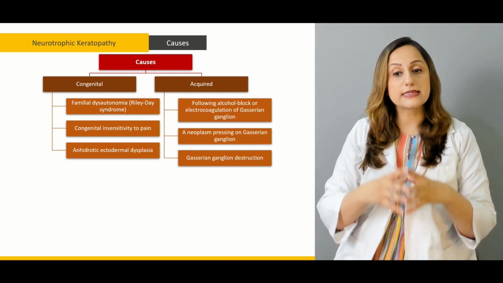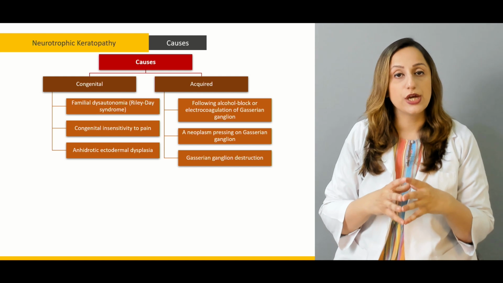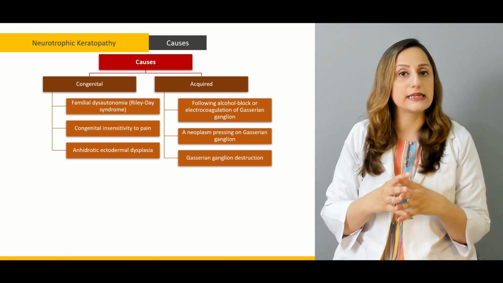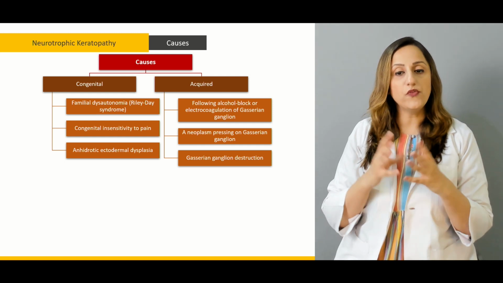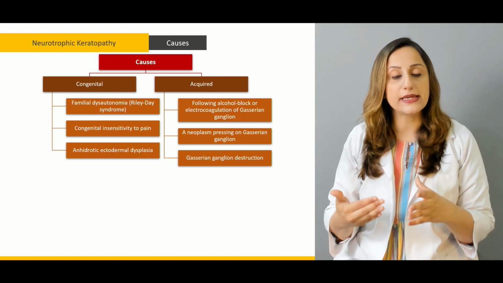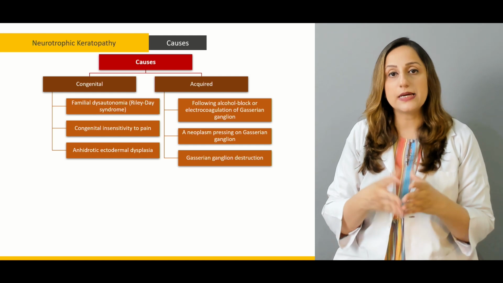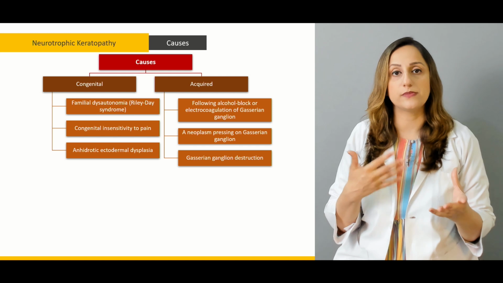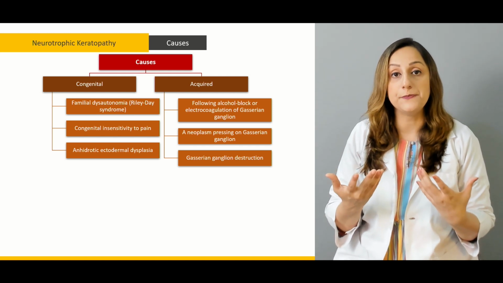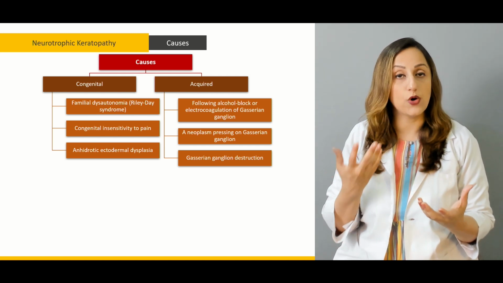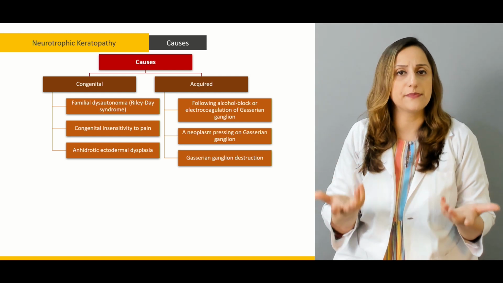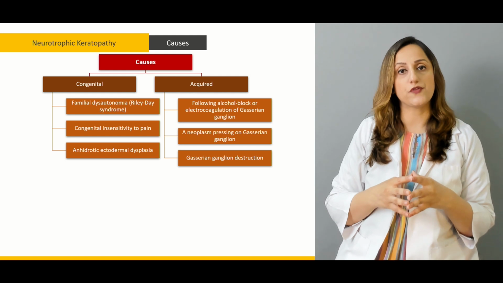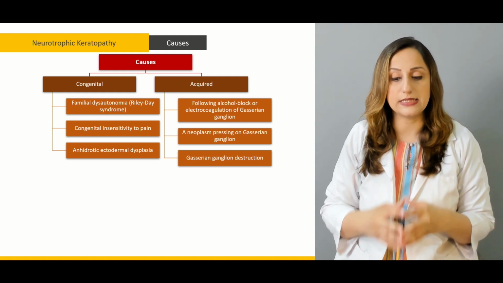Sometimes this kind of block is used to block the transmission of pain from the Gasserian ganglion. So over here, this is one of the complications that is related. Sometimes these patients would present to you later on that they are suffering from insensitivity in the cornea, as well as the development of keratitis, or there is the complication of keratopathy that is noted in these individuals.